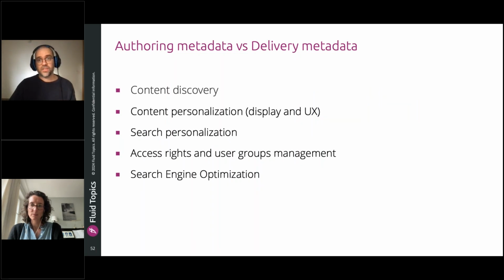We have the content discovery, where metadata provide descriptive information about content, title, author, keywords, anything that helps users to easily find and access relevant content, and which improves the overall user experience and ensures that valuable content is not overlooked.